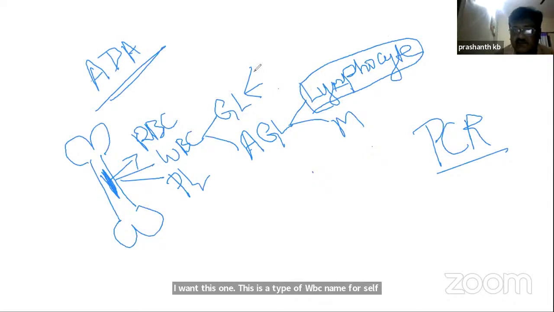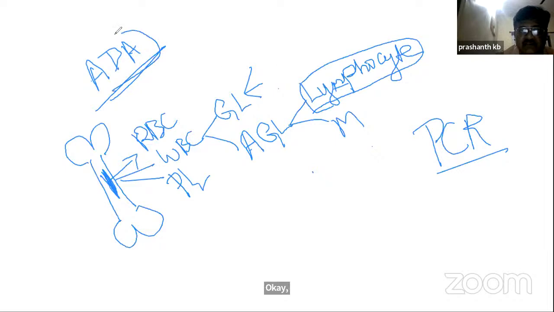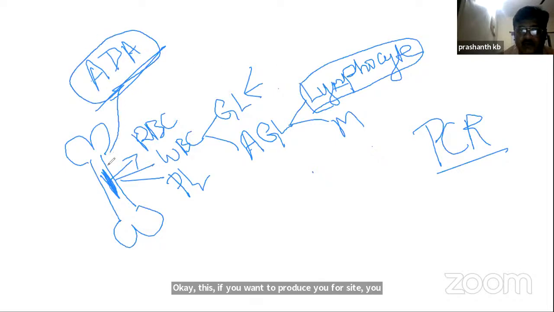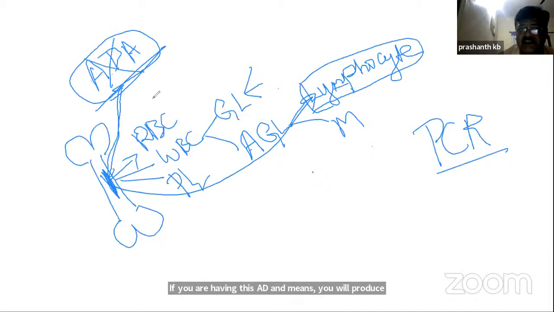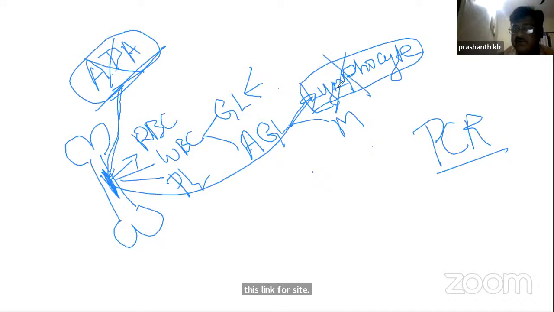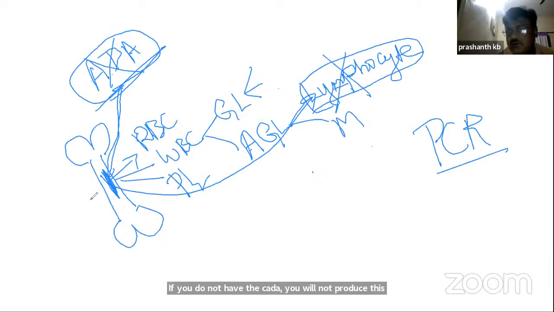If you want to produce lymphocyte, you should have this DNA in your bone marrow. If you are having this ADA, you will produce this lymphocyte. If you do not have this ADA, you will not produce this lymphocyte. This was the problem in that 4-year-old girl. She was not producing lymphocyte.